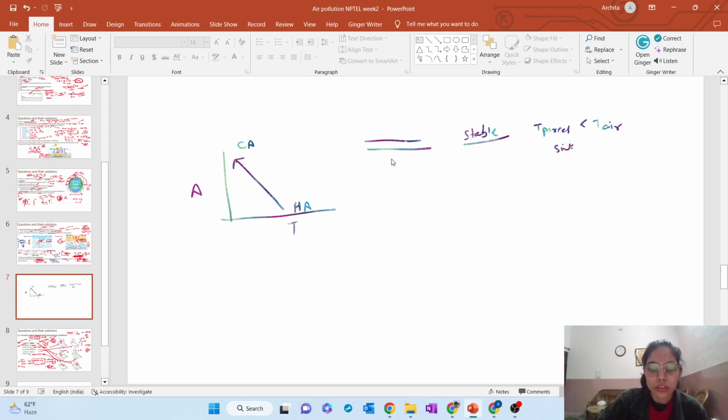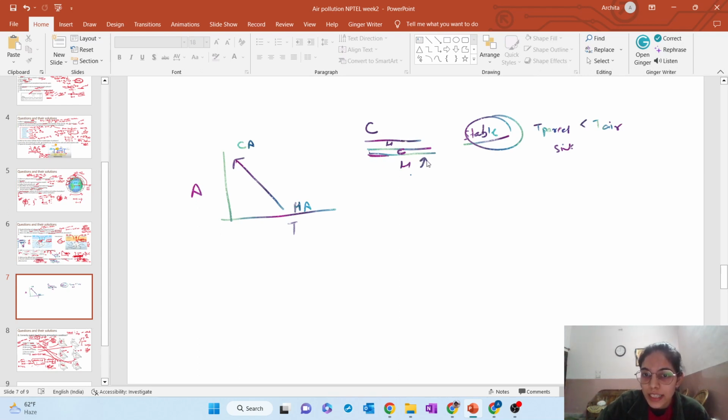So this is what stable condition means. So when a sandwich layer forms, this layer is hot, this layer is cold. Ideally this layer should be colder than this one, but let's say this again becomes hot compared to the nearby region. So this layer forms an inversion. So what should happen?